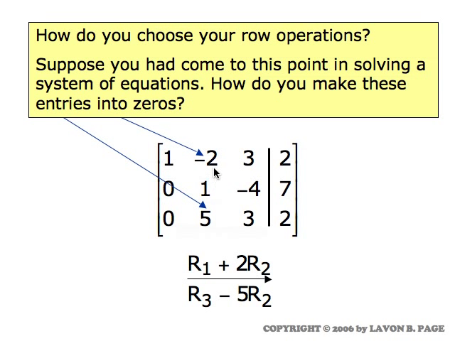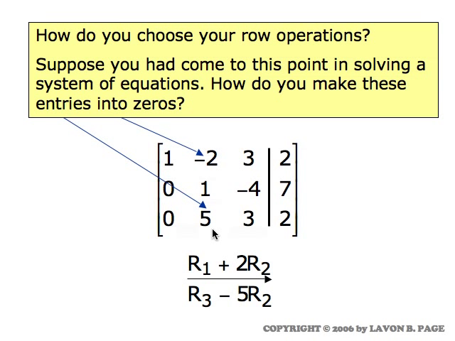The fact that I've got a -2 in this spot tells me that I want to do row 1 plus 2 times row 2, because when I do that, it will zap out this guy, make it into a 0. And for exactly the same reason, when I combine row 3 and row 2 to zap this guy, I want the multiplier to be -5. Row 3 minus 5 times row 2, because that way I'll be doing 5 minus 5 times 1, 5 minus 5 to get a 0 in this position.